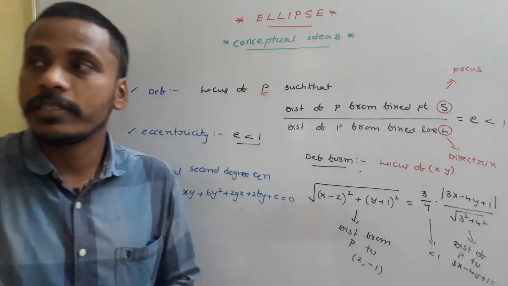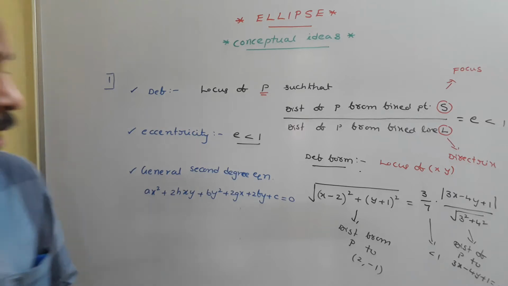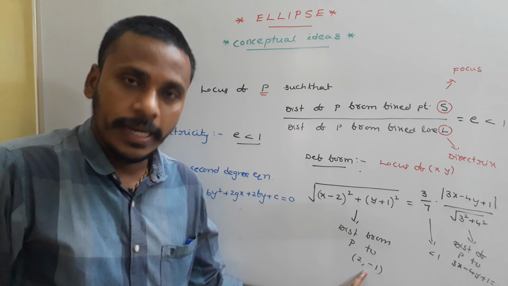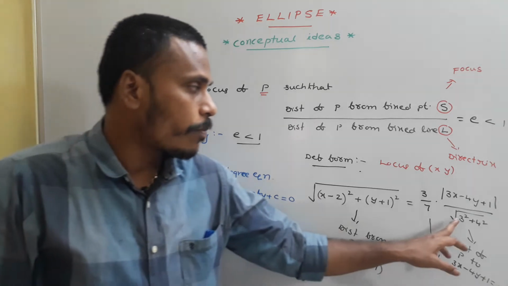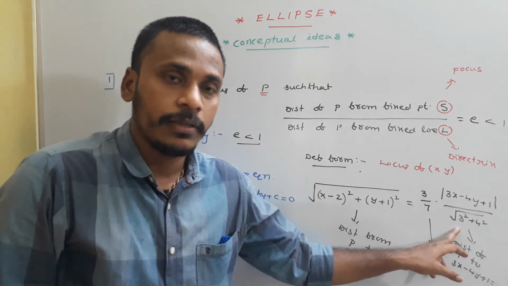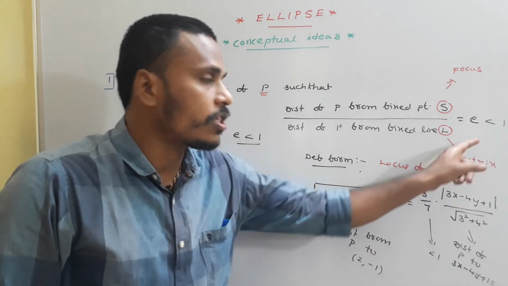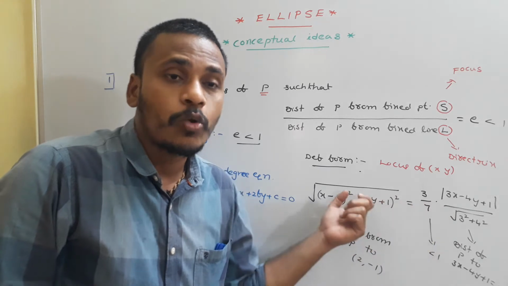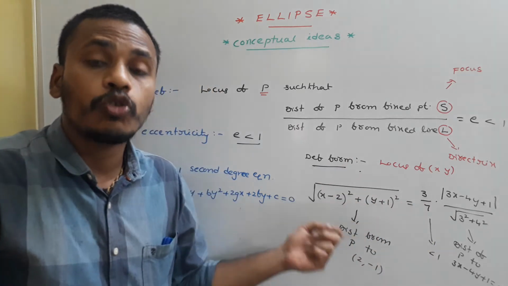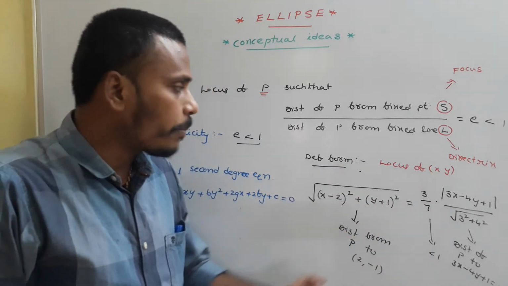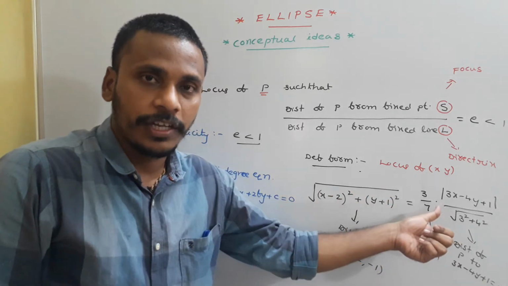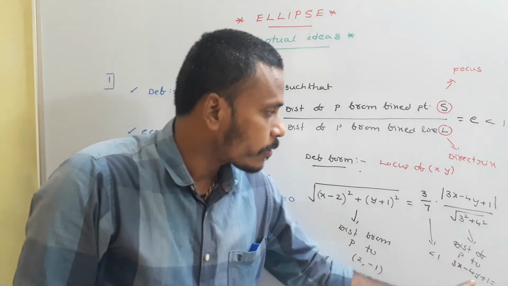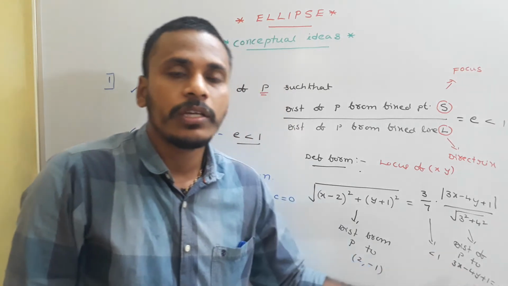That then represents the distance of a point from a fixed point (2, minus 1), and the distance of the point (x, y) to a fixed line, and this ratio is 3/7, which is less than 1. All these types of equations in x, y always represent an ellipse. In this locus representation, this fixed point is the focus, and the line 3x minus 4y plus 1 equals 0 is the directrix.